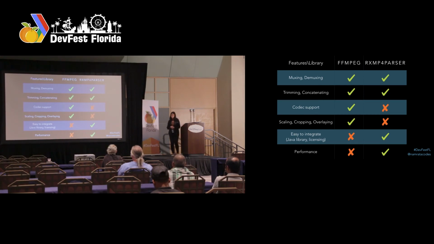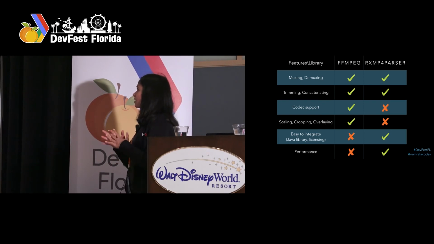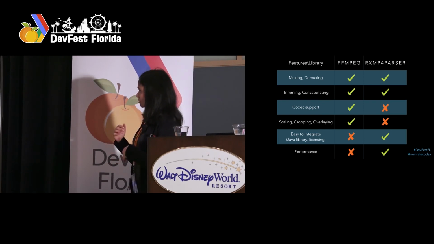So I just wanted to compare FFmpeg and MP4 parser in case you were trying to decide what to use in your app. So we saw that MP4 parser can do multiplexing and demultiplexing. It can do trimming and concatenation, but it doesn't have any encoding or decoding support.